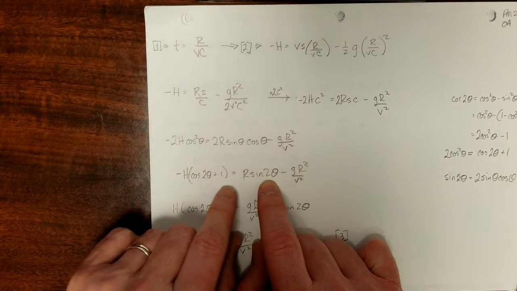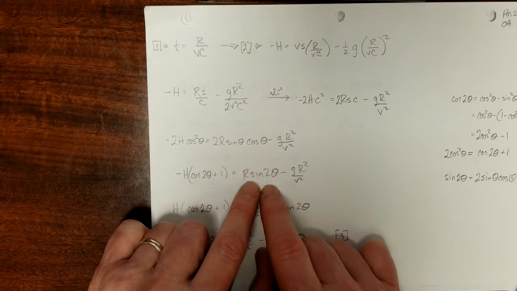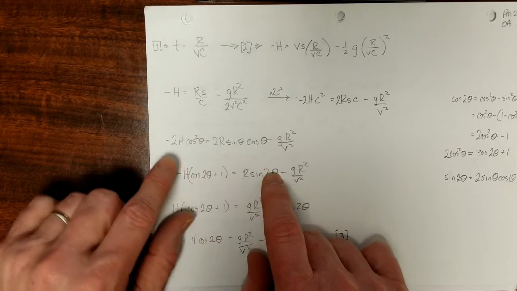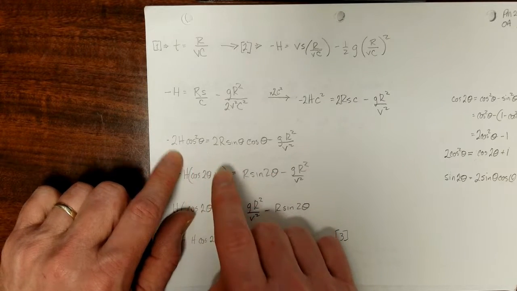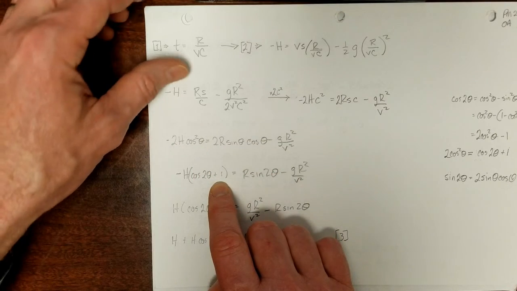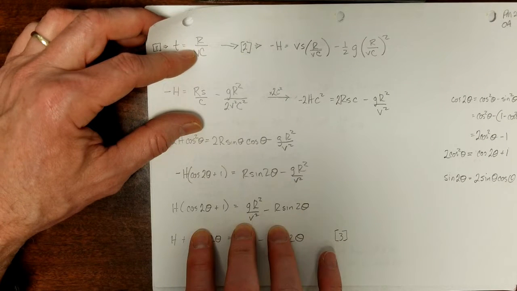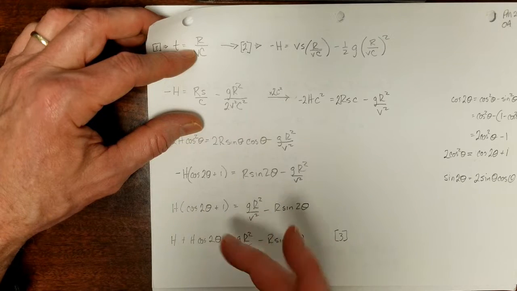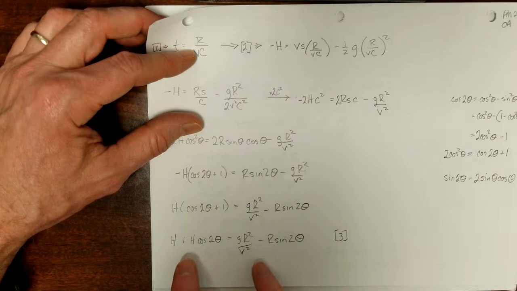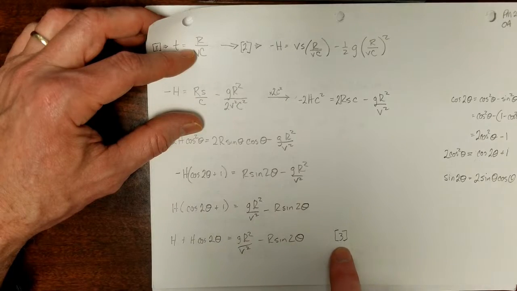So that 2 sine theta cosine theta turned into sine 2 theta, and the 2 cosine squared theta I turn into cosine 2 theta plus 1. Next step is I multiply everything by negative 1, which gets rid of the negative on this side and switches the order of the terms on that side. Distribute, and I'm calling that equation 3.